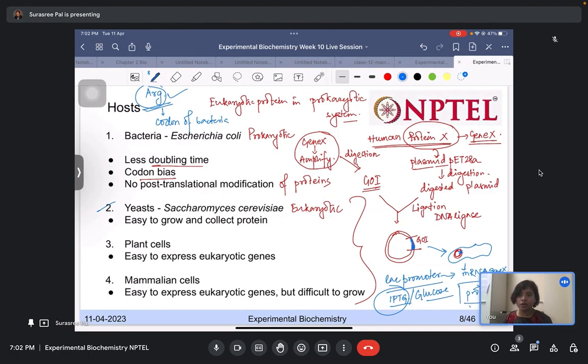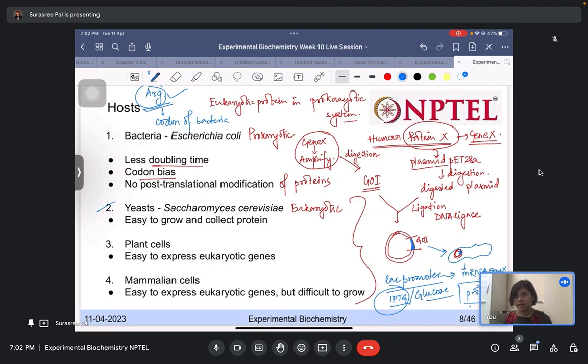So we need to grow them for long hours, and then we can isolate the protein. Also, the yield of the protein will not be very large. So it is difficult to get a large amount of protein from these eukaryotic cells like plant cells and mammalian cells. So naturally, bacteria is the most preferred system of hosts.